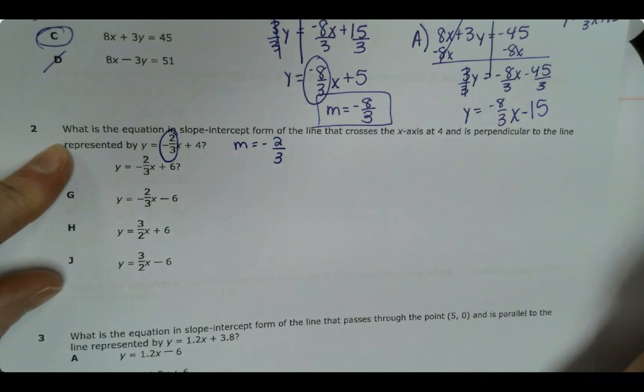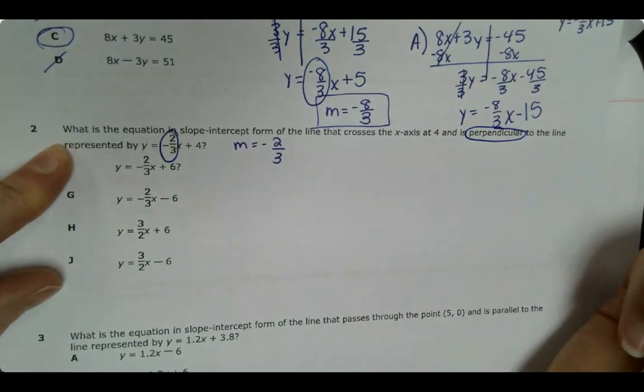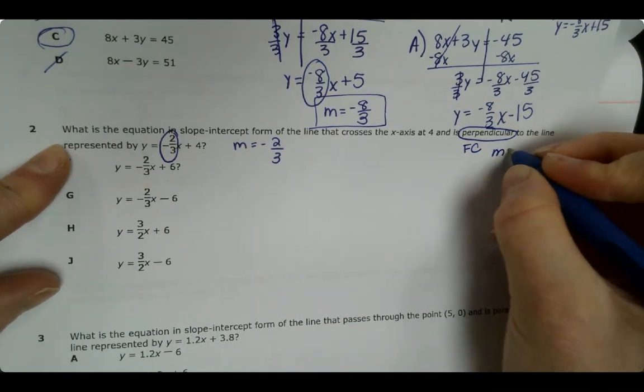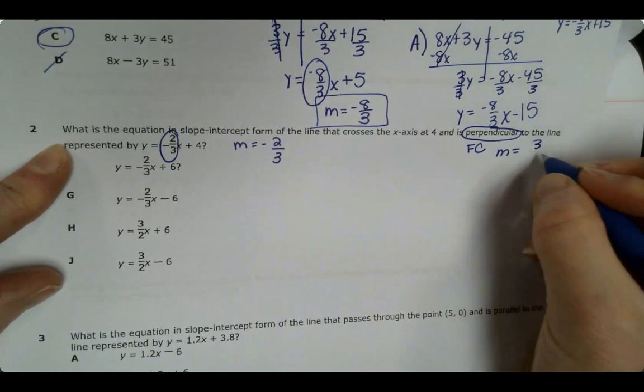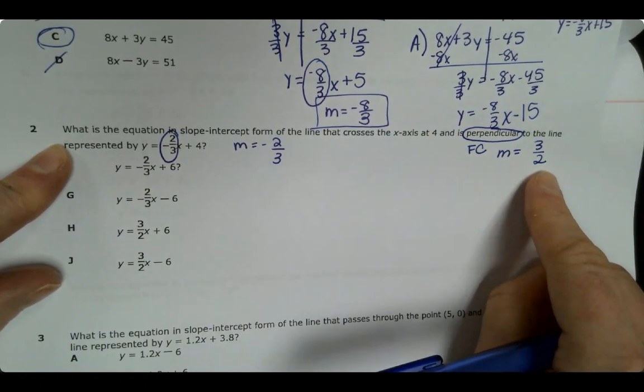Step 2 says read the question, determine if we're talking about parallel or perpendicular. So perpendicular means we're going to flip and change. So our new slope, go ahead and flip negative 2/3. So that's going to be 3/2 and change the sign, so from negative to positive.